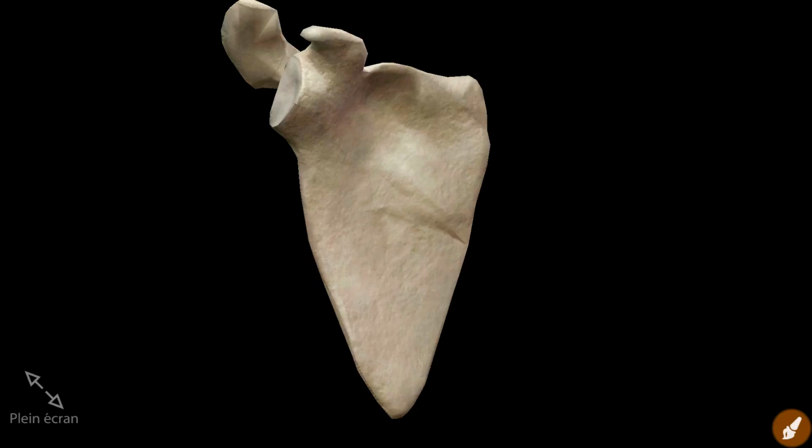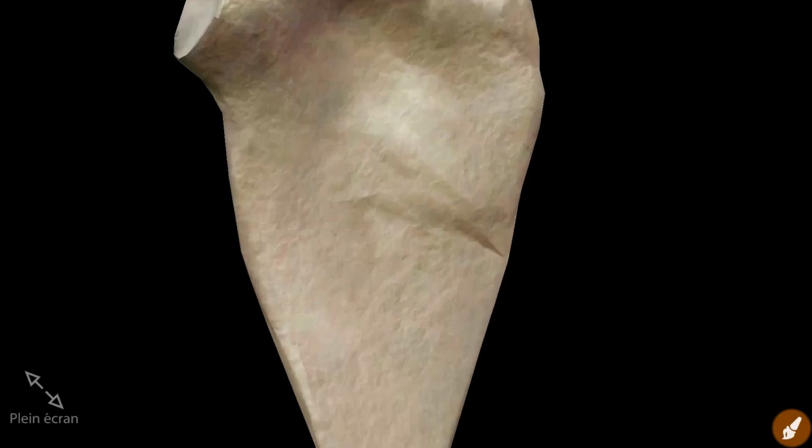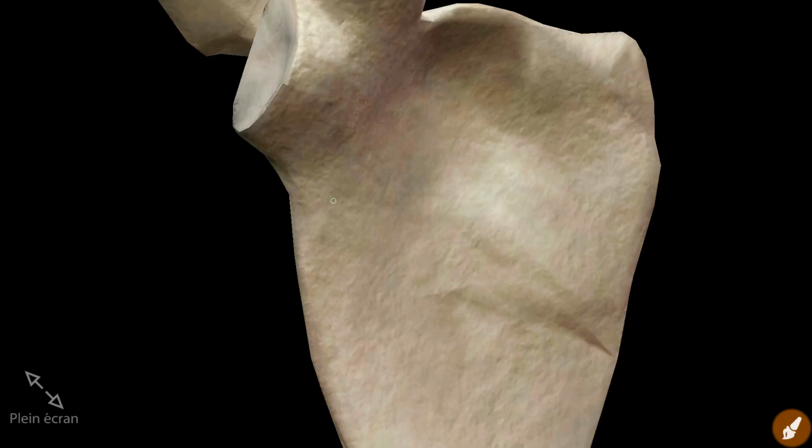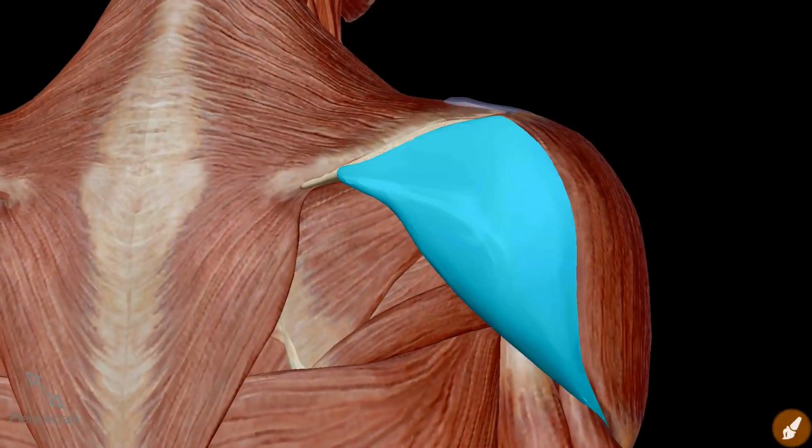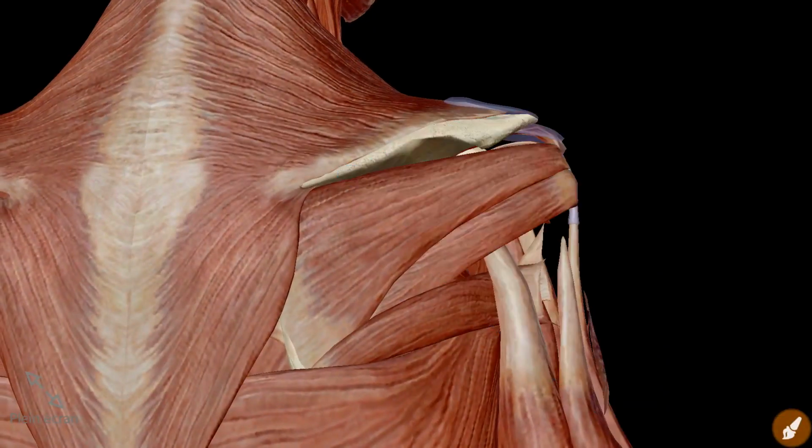It's also called the axillary border. It gets thicker under the glenoidal cavity, forming the infraglenoid tubercle. Why is this interesting to know?